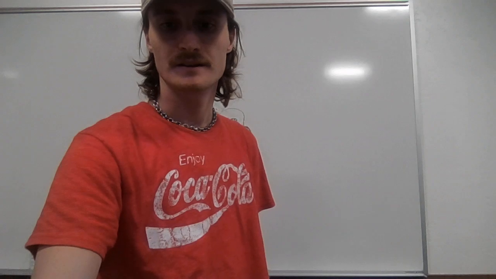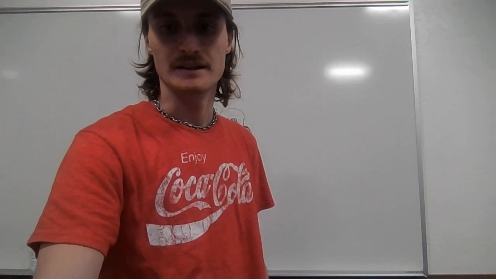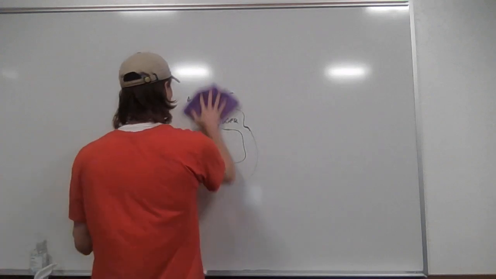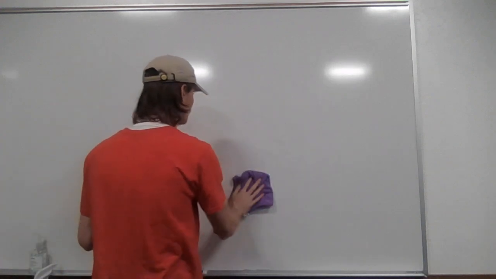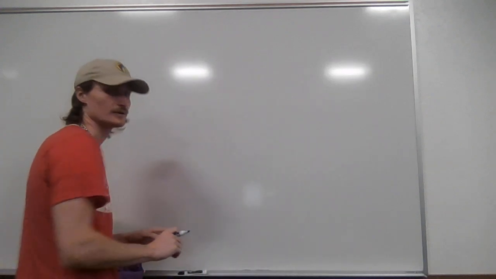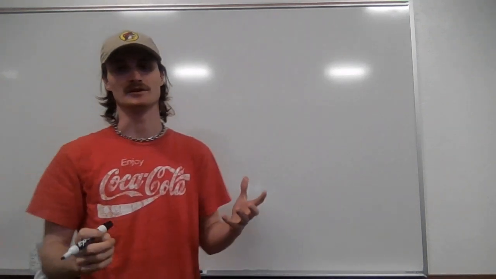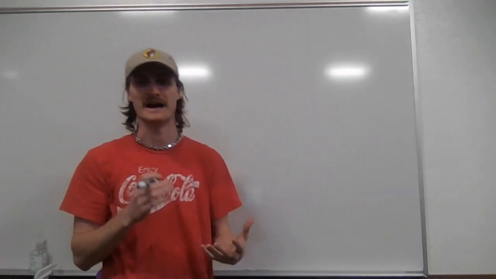Question 2 is going to be talking about the RAS system. So the RAS system has a few main parts to it. Basically RAS is a hormone system that regulates blood pressure and balance.